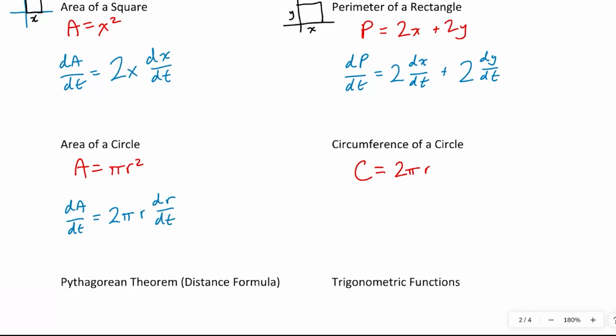So we've seen that somewhere before, yeah? Maybe that's related to the area? No? Okay, so the circumference is 2 pi r. And if we want the speed at which the circumference is changing with respect to time, the derivative would be 2 pi, that's the coefficient, times dr/dt.